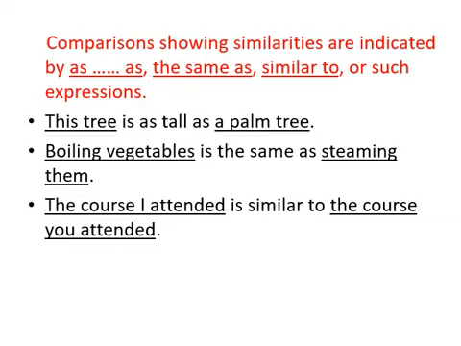Comparisons showing similarities are indicated by as. ساعات يبقى في حاجة أكبر من حاجة أقل من حاجة، لكن في مقارنة برضو إني أقول حاجة قد حاجة أو زي حاجة. طيب هقول مثلا this tree is as tall as a palm tree. الشجرة والنخلة. طيب boiling vegetables is the same as steaming them. هنا صح إن أنا أستعمل الضمير لأن it's not nice to say boiling vegetables is the same as steaming vegetables.